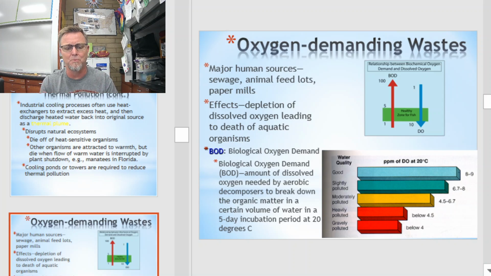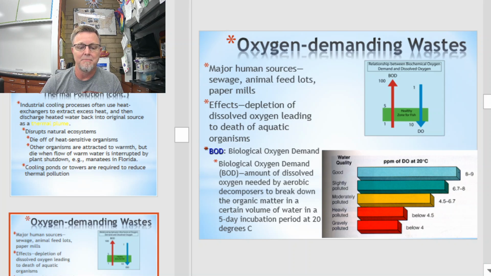Now, how is sewage an oxygen demanding waste? Well, the sewage decomposes, and it's that decomposition process that depletes the oxygen in the water. We can measure this by doing what's called a BOD test, or biological oxygen demand test.